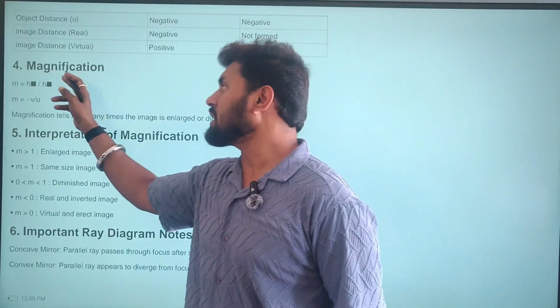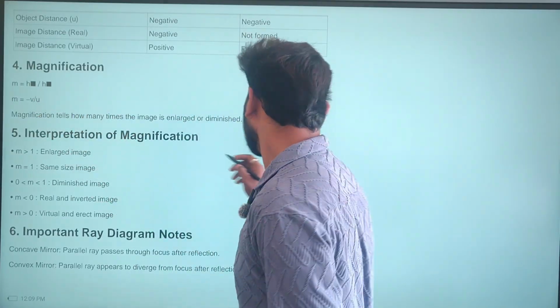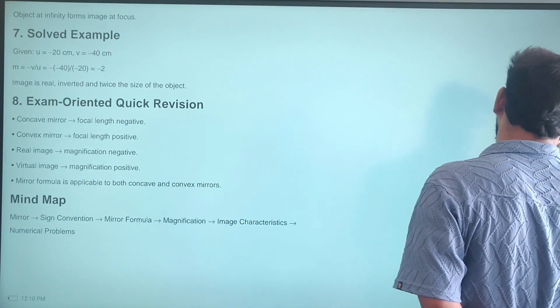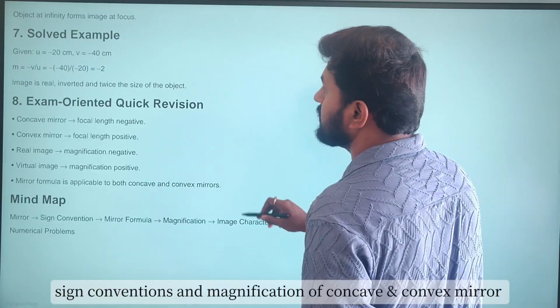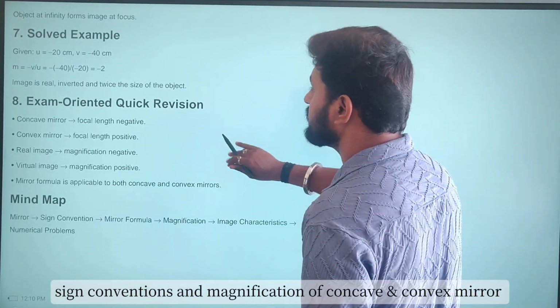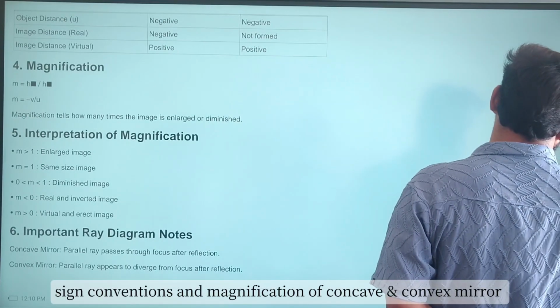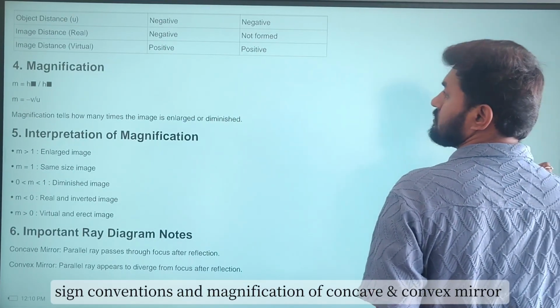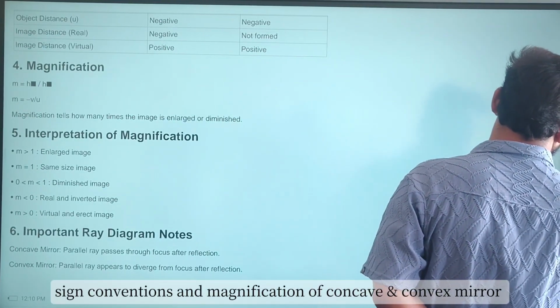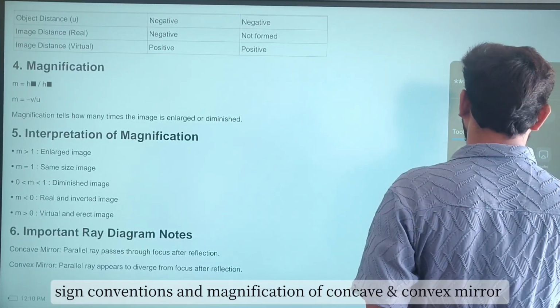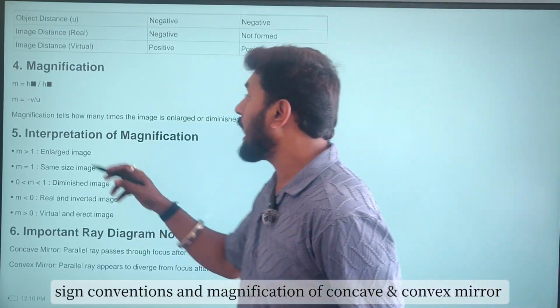Now, this magnification is nothing but a ratio of the height of the image.